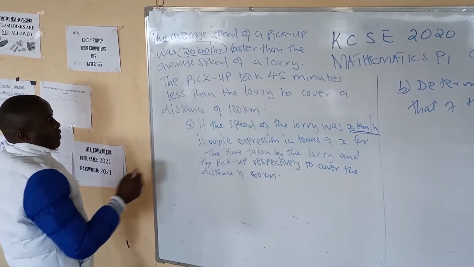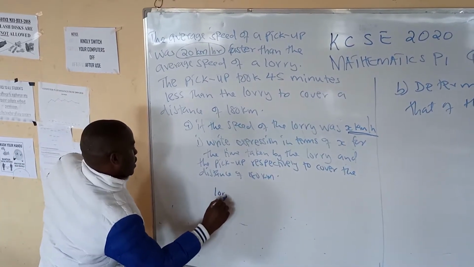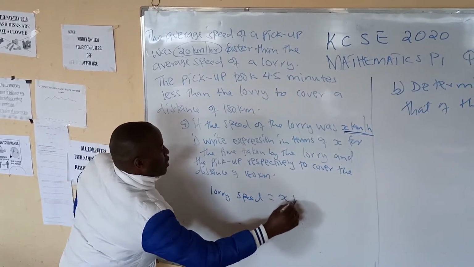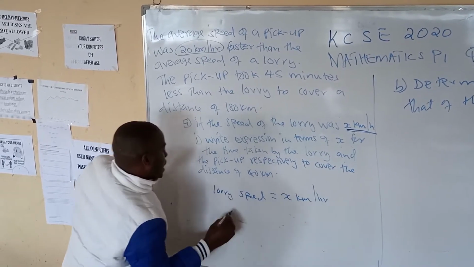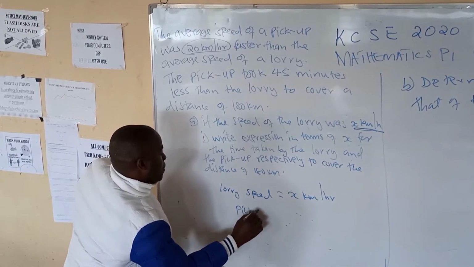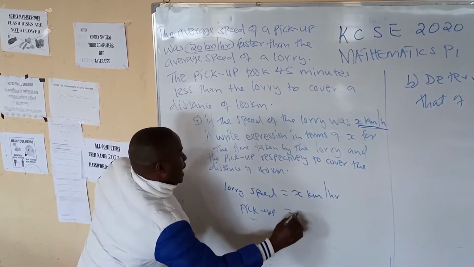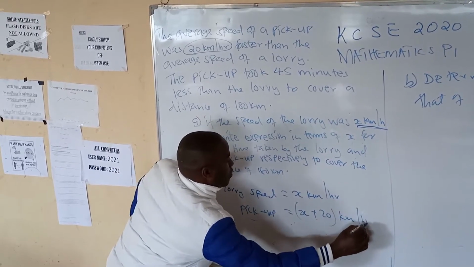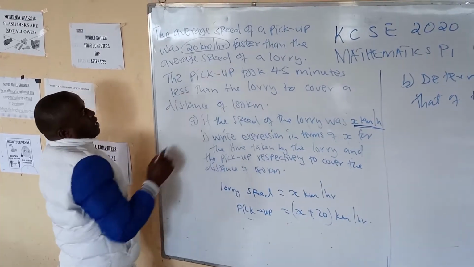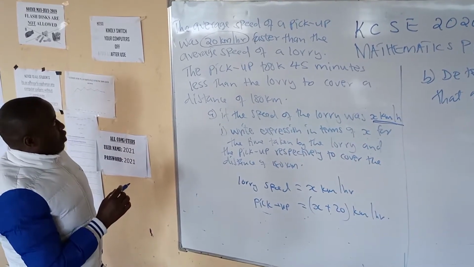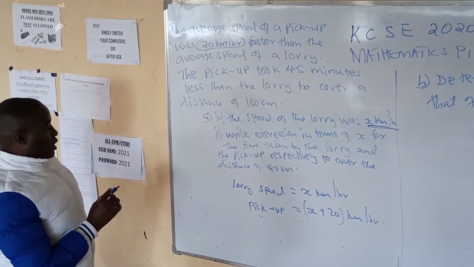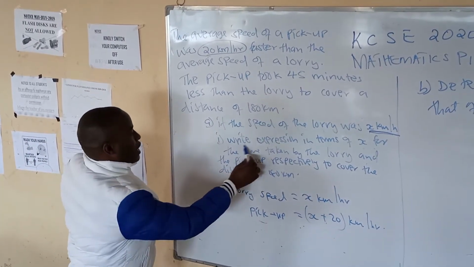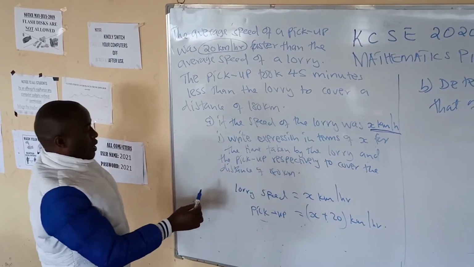So that means if the lorry speed was x kilometers per hour, then the pickup speed was x plus 20 kilometers per hour, because you are told that it was 20 kilometers per hour faster than the lorry.